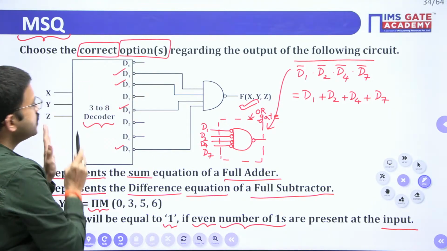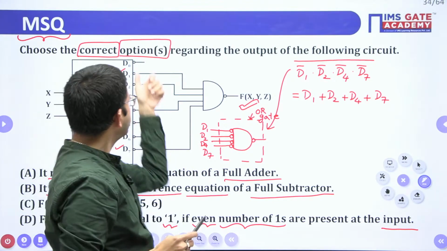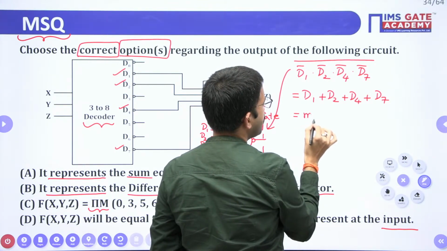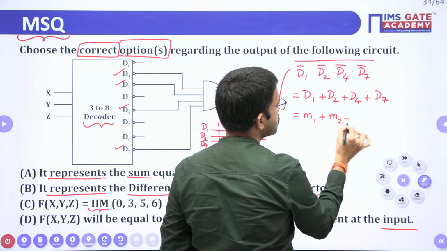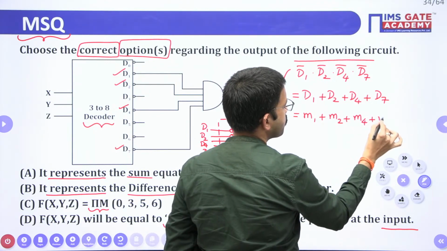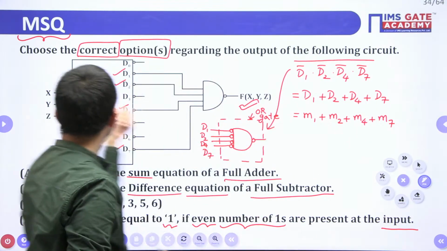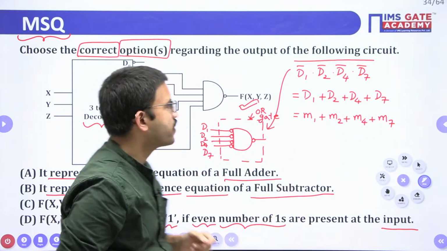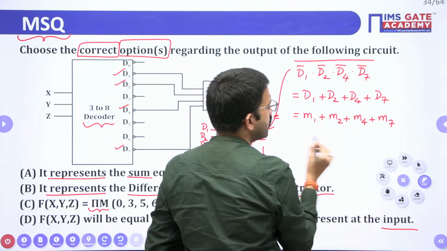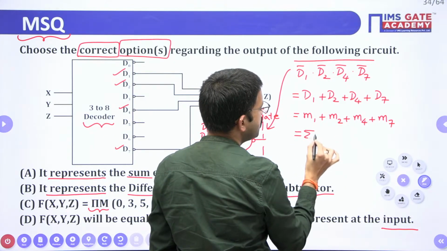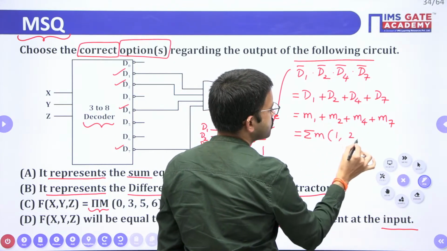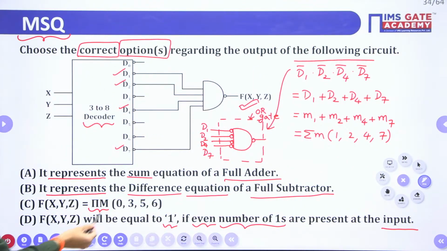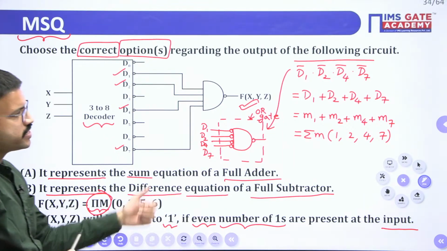In general, a decoder produces outputs as minterms, so this one you can label as M1 plus M2 plus M4 plus M7, which is nothing but sigma M 1247. Here they have given pi capital M 0356.